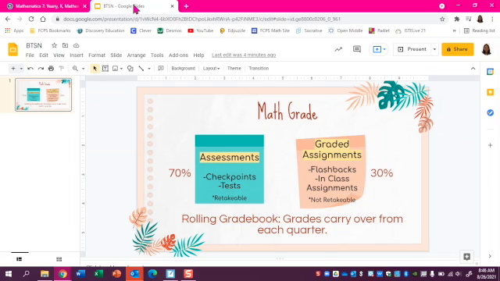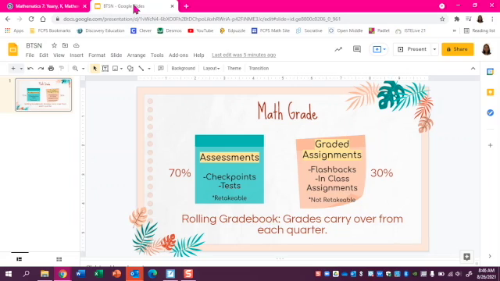A test is given at the end of a unit and will cover all the material for a unit. Assessments are retakeable. If a student does not achieve the grade they were hoping for, they can check in with the teacher and learn about the retake process and review the material and retake a similar assessment.